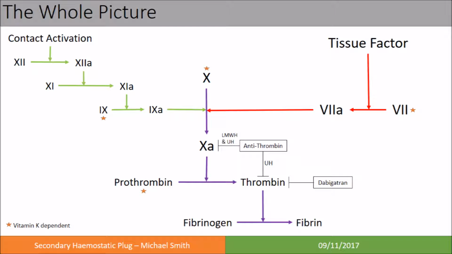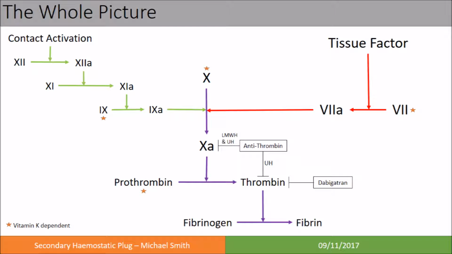We then have some medications which affect this. So those with the orange stars next to them are our vitamin K dependent factors, and these are the ones that if you take warfarin, you'll be deficient in, and therefore your blood will not clot as effectively. We also have our heparins, which are low molecular weight heparin and unfractionated heparin, and they affect antithrombin and the different types of antithrombin.